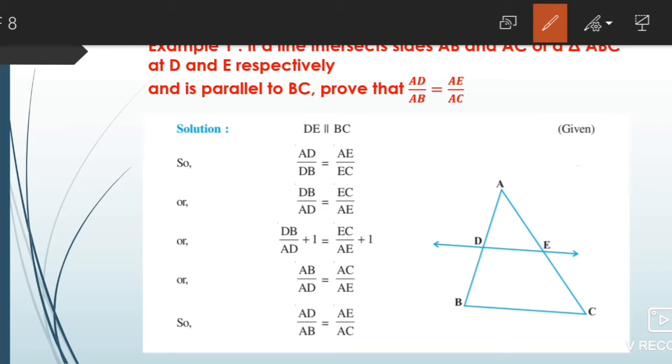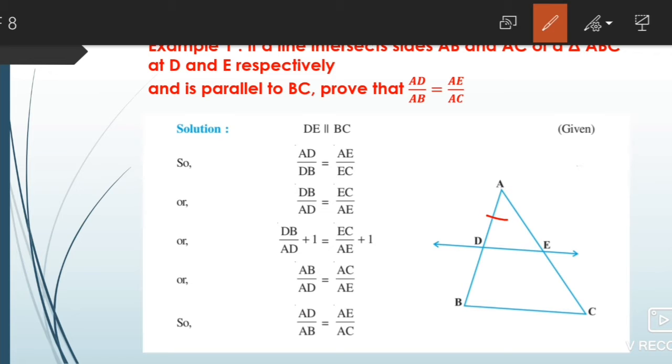If a line intersects the sides AB and AC of a triangle ABC at D and E respectively and is parallel to BC, then prove that AD by AB is equal to AE by AC.